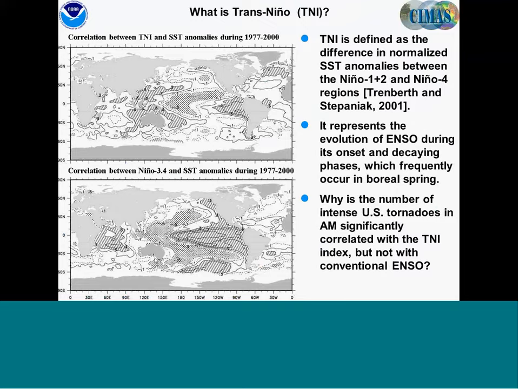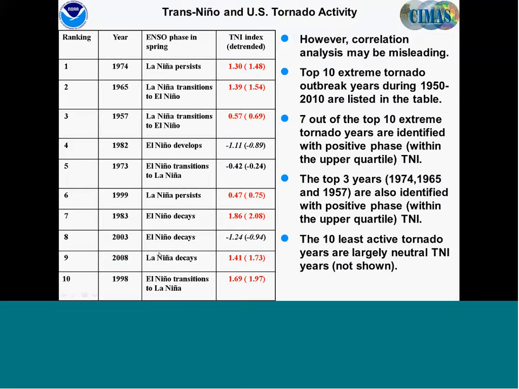If you look at this table, many of these years are positive Trans-Niño years, as you can see in this column. In fact, 7 of these 10 years are positive phase Trans-Niño years, including the top 3.